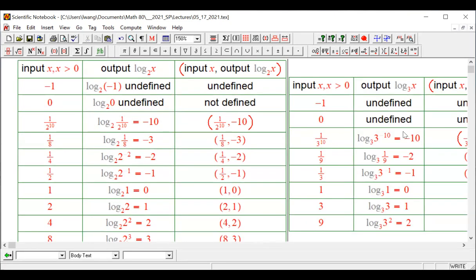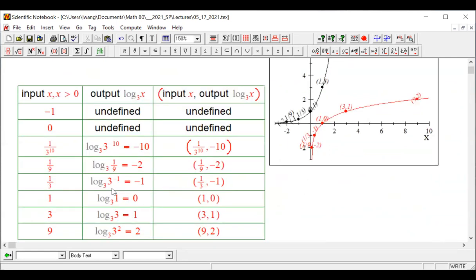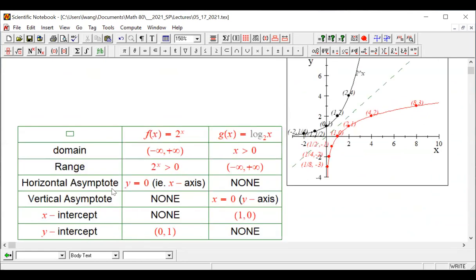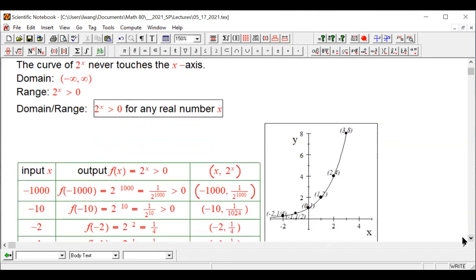So those are the logs, and I'm going to find the power. Where is our power? We did the power, it's right here.